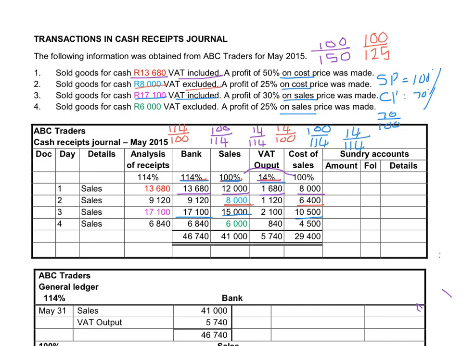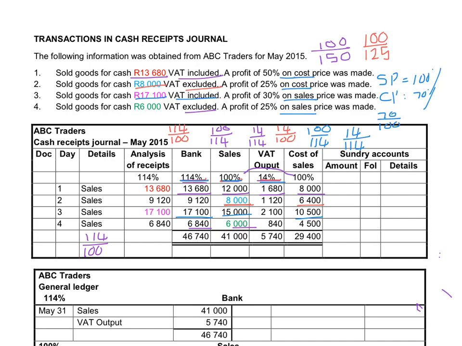The fourth transaction is sold goods for 6,000, VAT excluded. That means it is the sales figure excluding the VAT that's given, the 6,000. If we want to calculate the amount in the bank, the one that I want, 114, divided by the one that was given, 100, times 6,000, and that will give me 6,840.